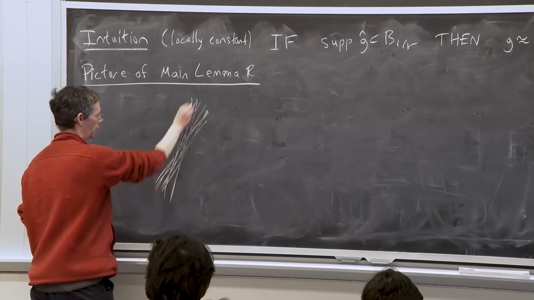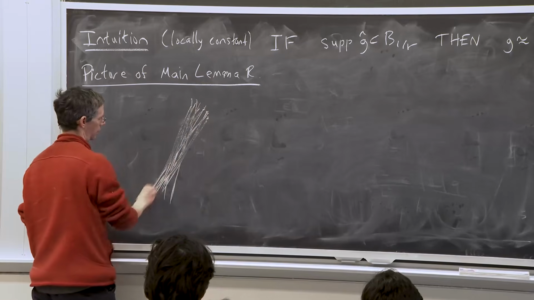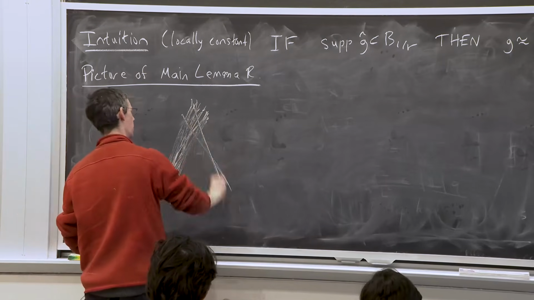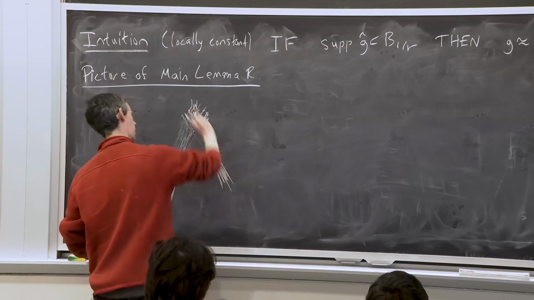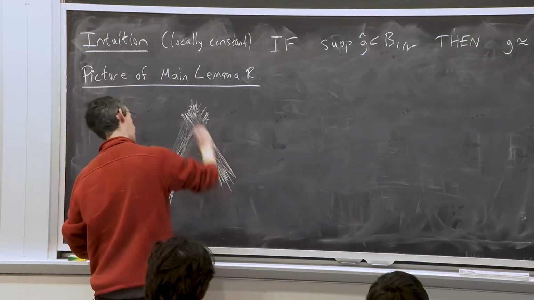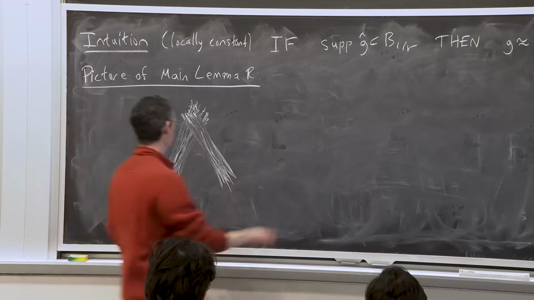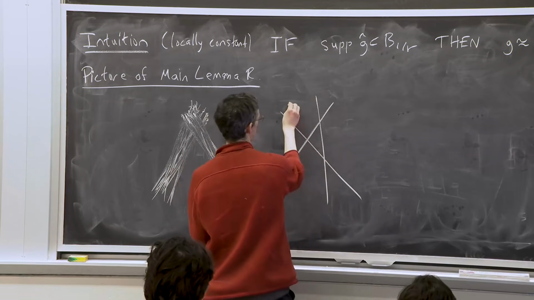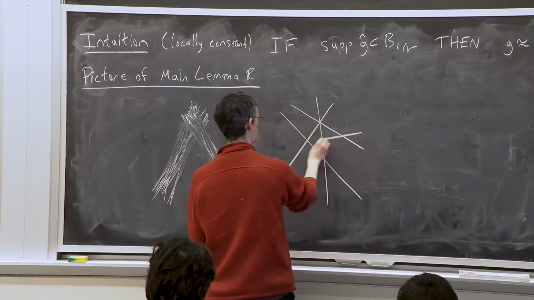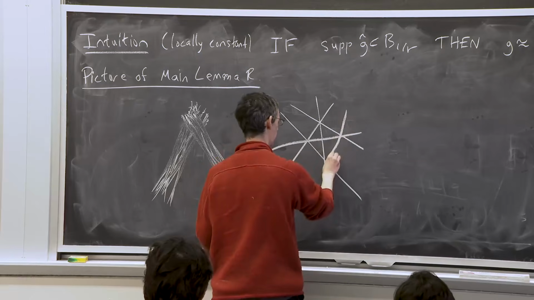So I may have a whole bunch of them over here, sort of like this, and a whole bunch of them over here. And over here, in this part of the board, I might have some that are not so clumped into thick tubes. It might look sort of like this.